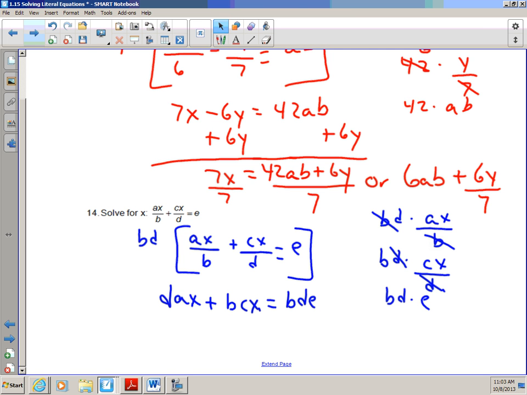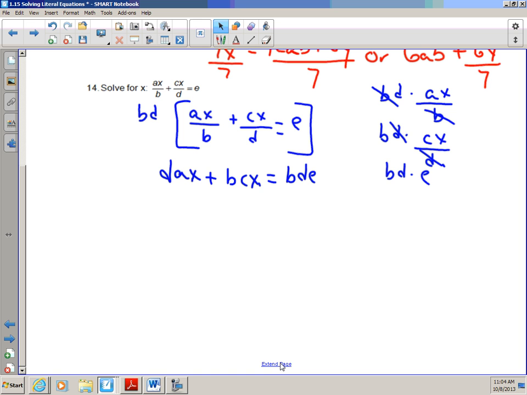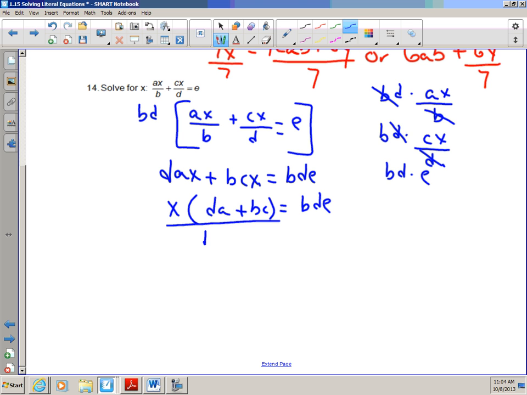Now, looks like a mess. Somewhat. How many times does x show up in my equation on the left side? Twice. So what does that mean I can do with the x? Factor. I factor out an x, da plus bc, and then I divide.